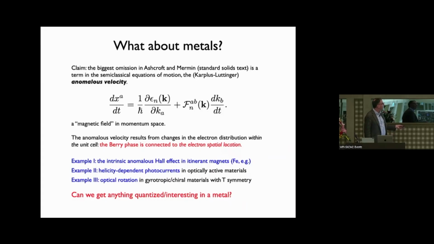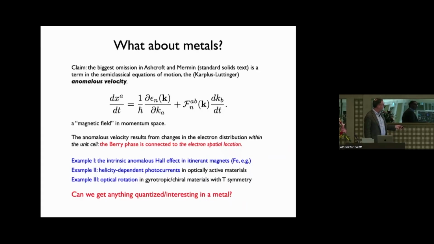So the idea of the extra term is that there's an extra piece of the velocity that involves the Berry curvature and how the momentum is changing in time. And if you like, this makes it look a lot like the Lorentz force. So if you were describing a wave packet in a metal, there'd be this equation, but there'd be another equation that the momentum is changing, like E plus V cross B.